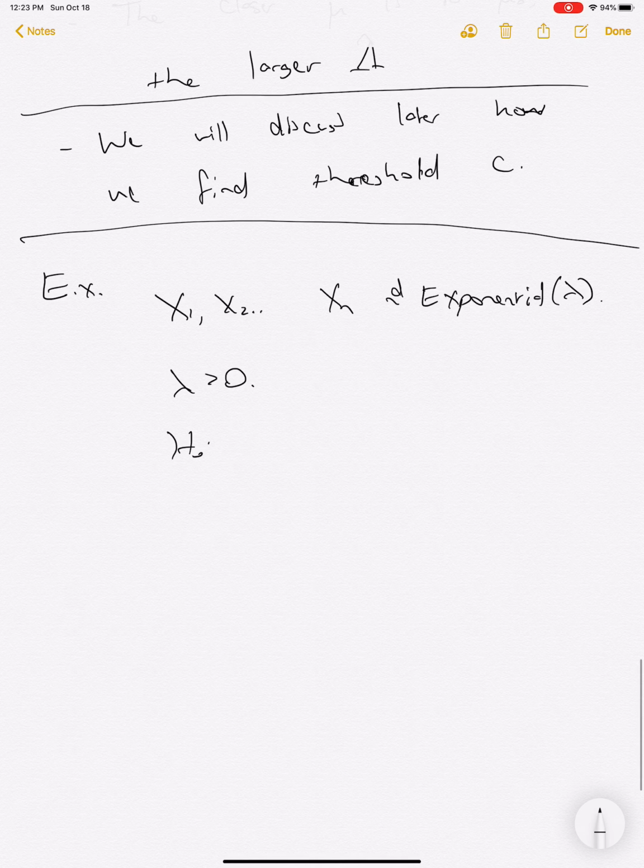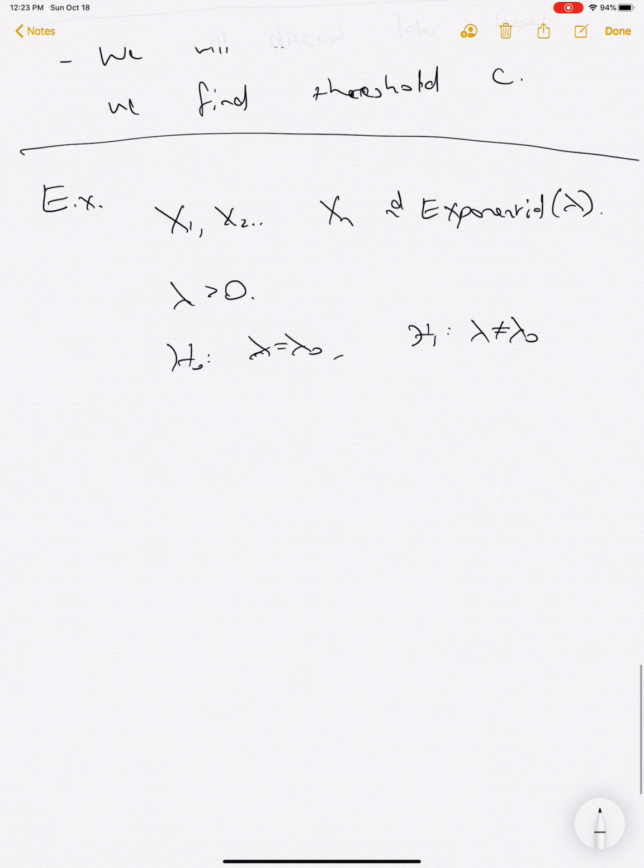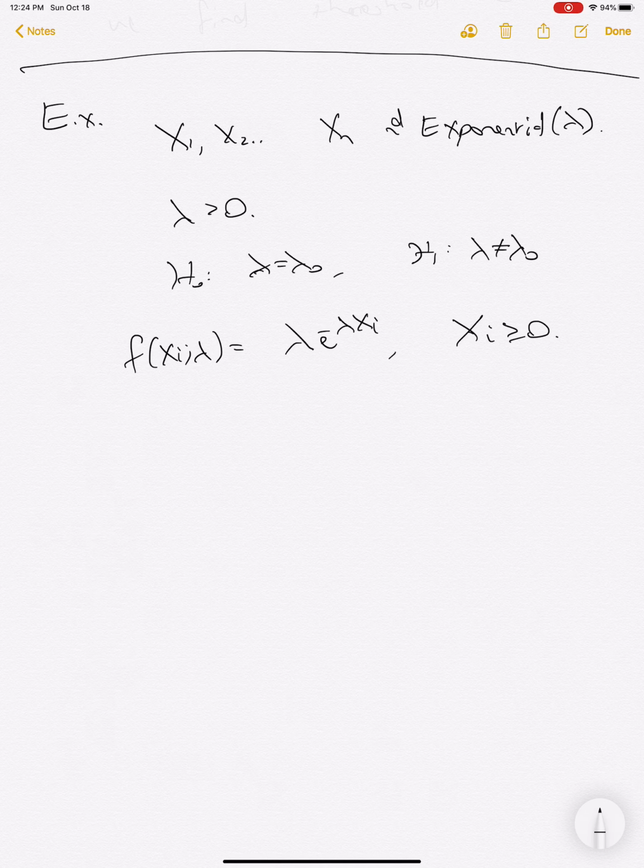So we're again going to have H0 as lambda equals lambda 0, and H1 as lambda not equal to lambda 0. And remember that the pdf is lambda e to the negative lambda xi, and here clearly we're assuming that all of the xi's are bigger than or equal to 0, because it's from an exponential distribution.